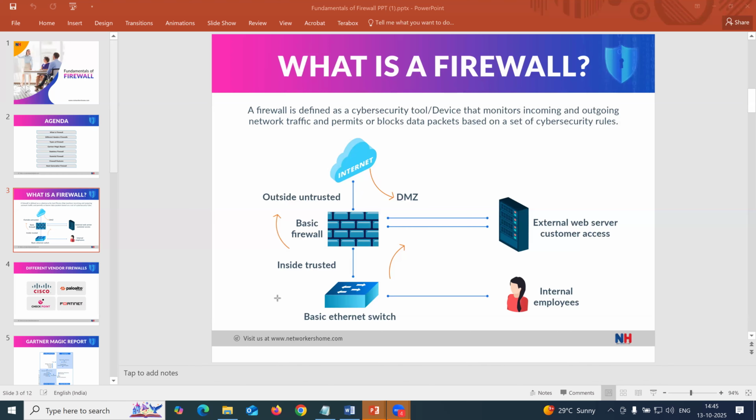For example, let's say I have a PC here. This PC's traffic is going to your switch and locally it is communicating with the other guy. Is this traffic passing through your firewall? Can this traffic be controlled by the firewall? No. It means this is not the responsibility of the firewall.